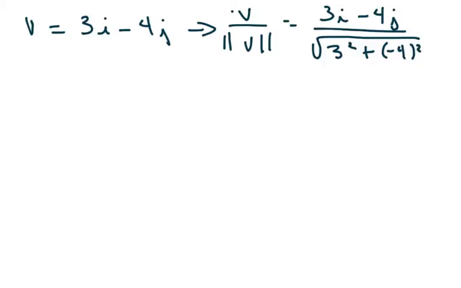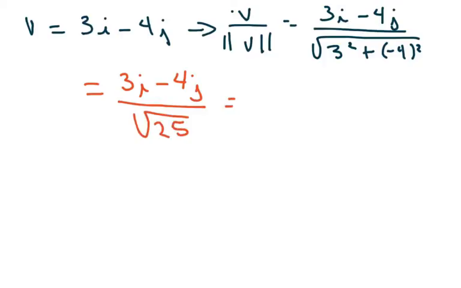This is the square root of 25, and we know this is 5, so I'm just going to write it out to save time: 3i over 5 minus 4j over 5. And you can square that out and you should get 1.